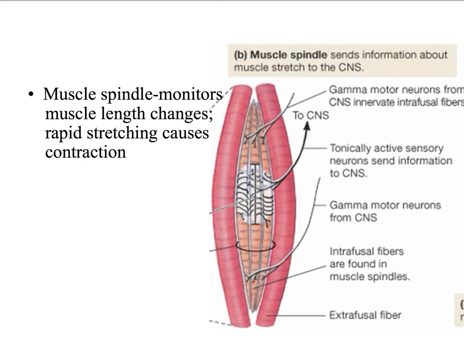The opposite of that is going to be caused by a tiny organ inside the muscle itself called a muscle spindle. And this will actually, when it's activated, cause a contraction. So you'll see this referred to sometimes as a myotactic reflex.